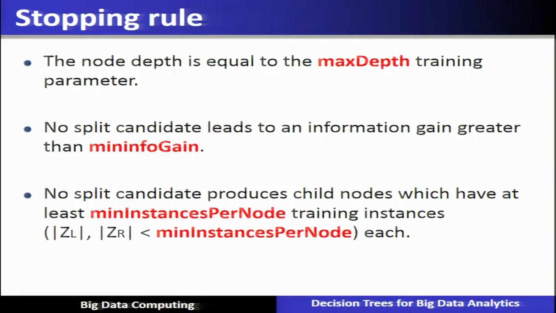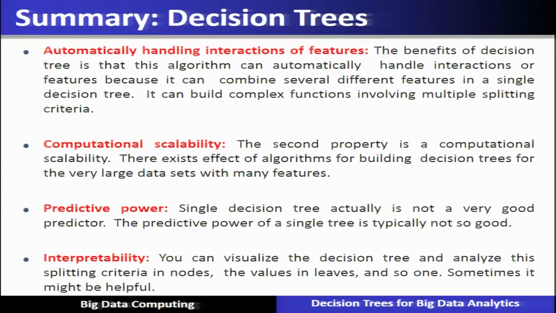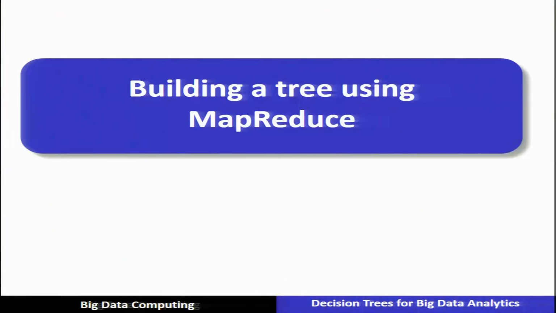So in summary, in the decision tree we have automatic handling of feature interactions, computational scalability, and interpretability.